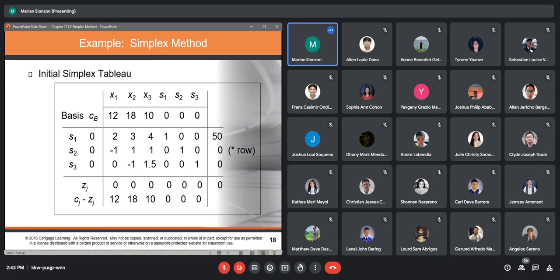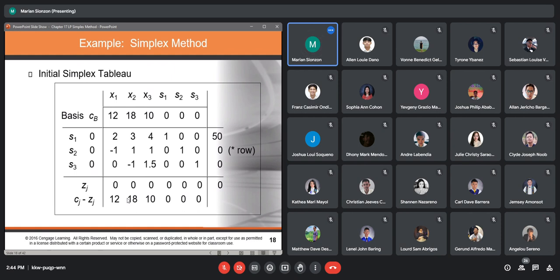For example, if I put x sub 1 in S sub 2 instead, the result will give me 12 as a net effect. Since it is positive, what is our agreement for positive? It is an increase, isn't it?